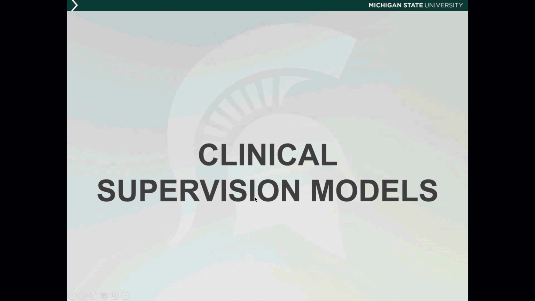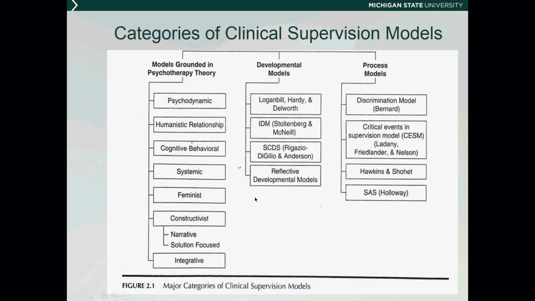Next, I would like to discuss a little bit more about the clinical supervision models. In this slide, you will see in the diagram that there are three main types of clinical supervision models. The far left is models that are grounded in psychotherapy theory. Depending on your professional training, a lot of times clinical supervision mimics the intent and focus of your supervision style.